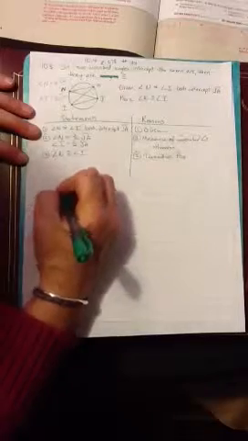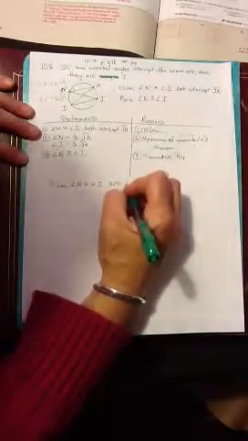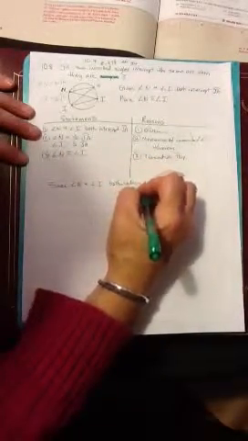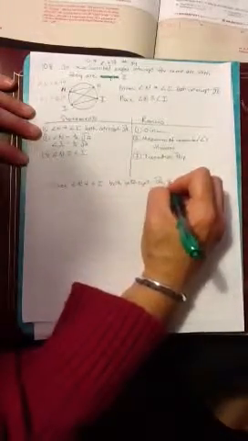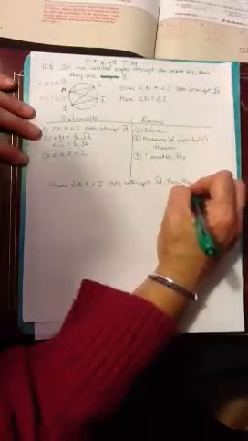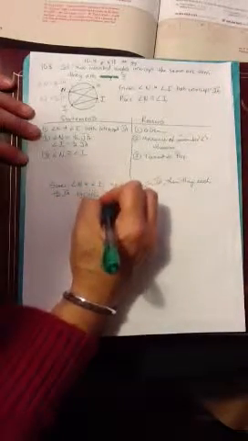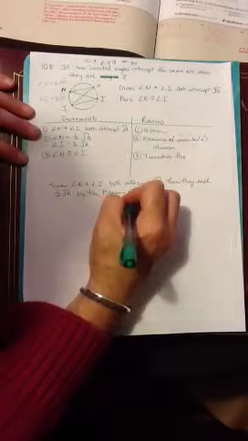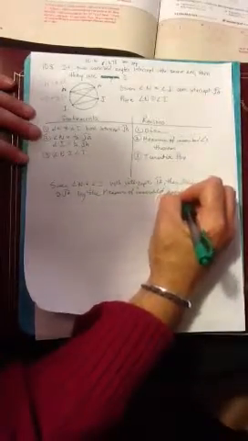You would say, since angle N and angle I both intercept arc JA, then they are each 1/2 arc JA by the measure of inscribed angles theorem.